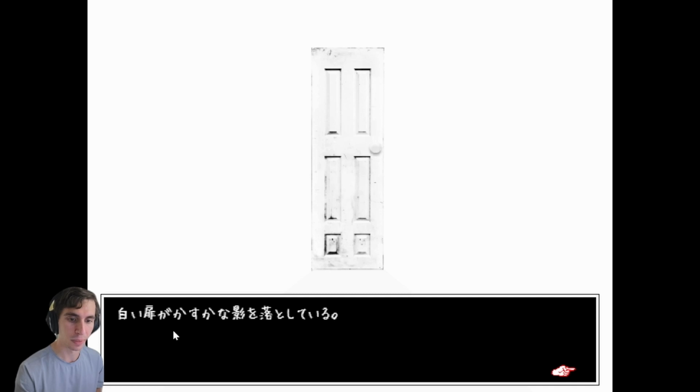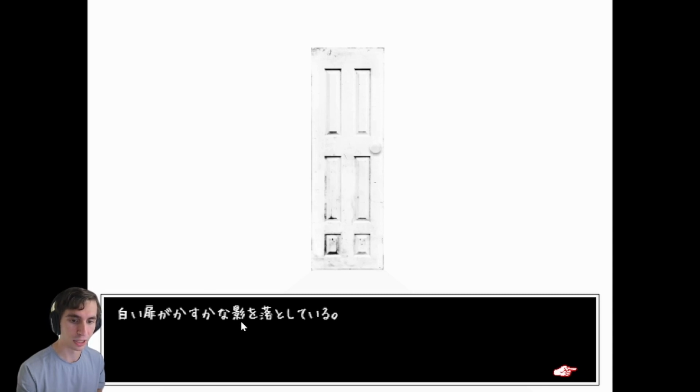Got subject marking particle. Kasuka na. So it's not adjective here. And this means faint or dim. So kasuka na. What is dim? Kage. Shadow. I don't really see a shadow, but alright, it's telling us there's a faint shadow.